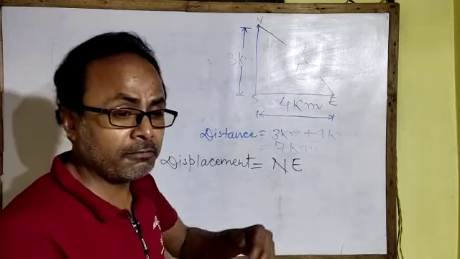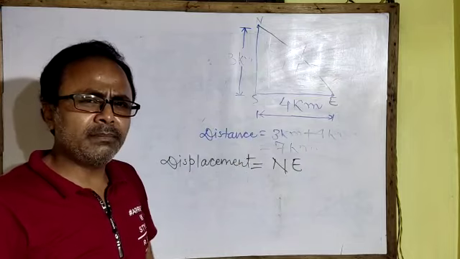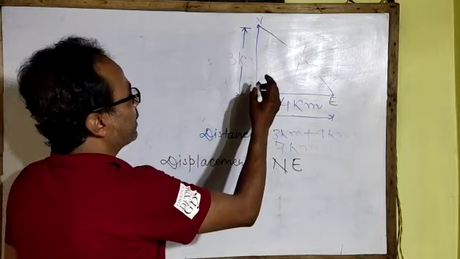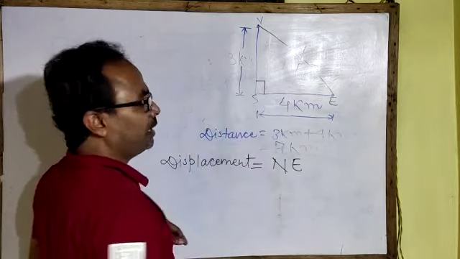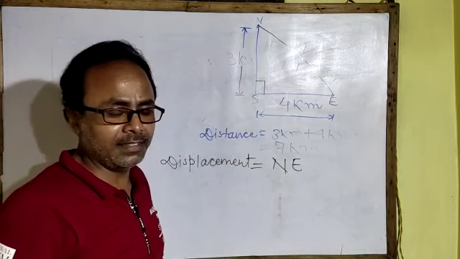How can we find it? There is a formula. Suppose here he has made a right angle.